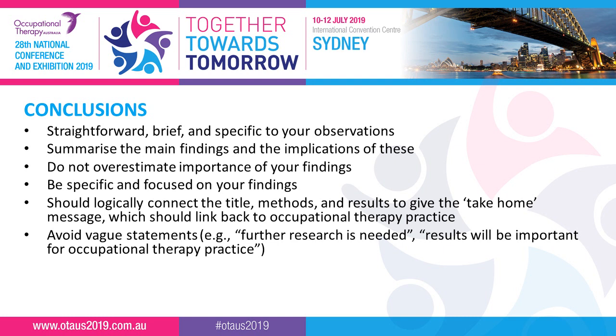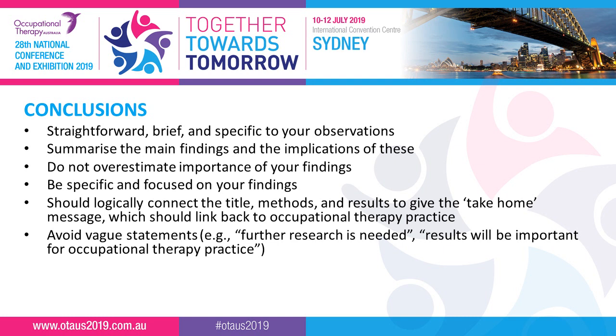So you can say those kinds of things, but be very careful to be specific. What is the next step in terms of the next research process that should happen? So this was an observational kind of trial.